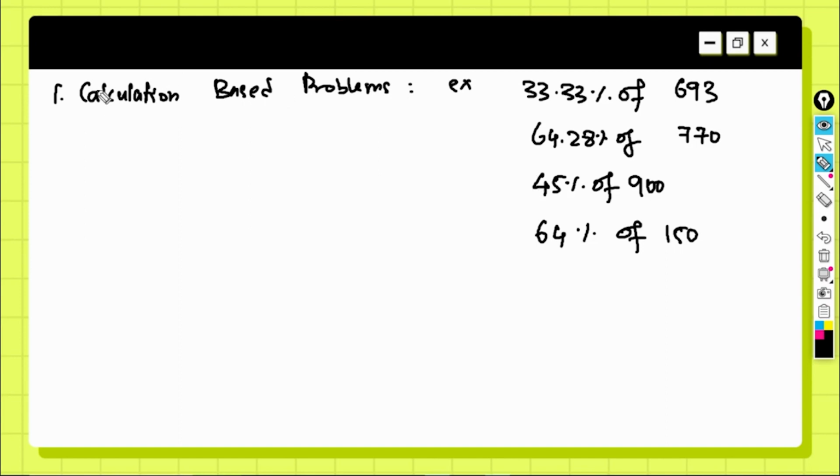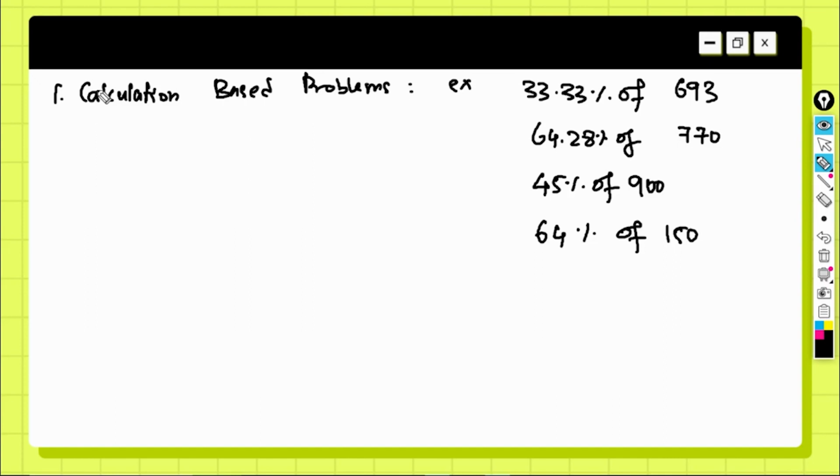But first of all, understand why to calculate this, or which exams will have percentage calculation based problems. Most of the percentage calculation based problems will come in competitive exams, government and public sector competitive exams like banking, SSC, all that. As far as placement is concerned, direct problems based on calculation will not be much.